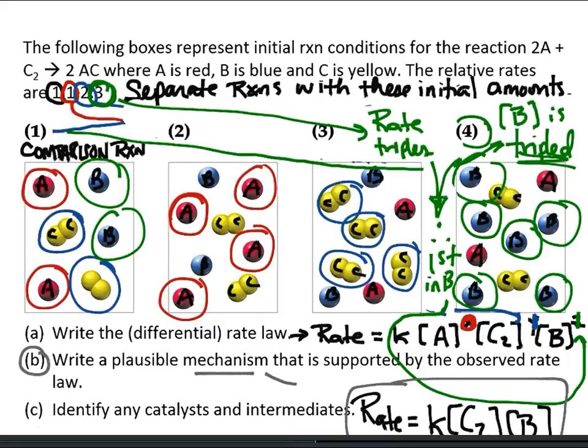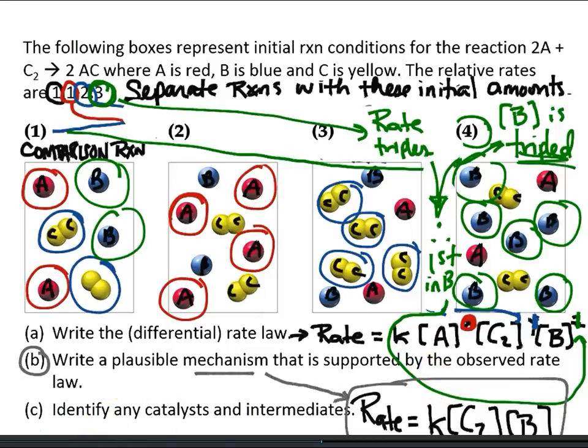If we move on to part B, we're going to write a mechanism that is supported by the rate law. The important part about mechanisms, and you might have a large variety of answers for part B, is that the rate determining step in your mechanism, the slowest step, needs to reinforce the rate law that you determined in part A, which means that you need to have 1 molecule of C2 colliding with 1 atom of B in the rate determining step.